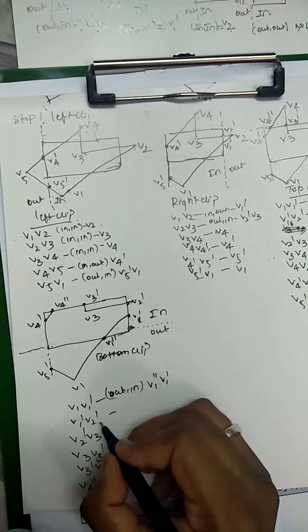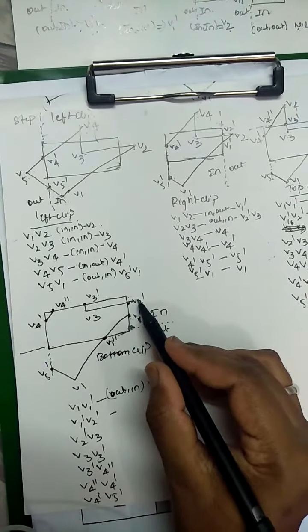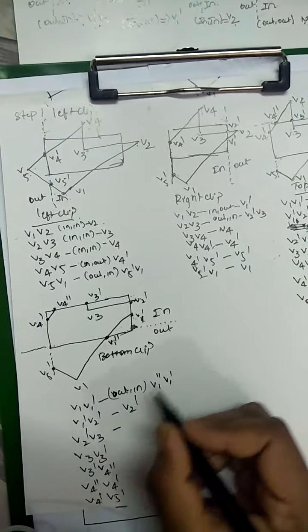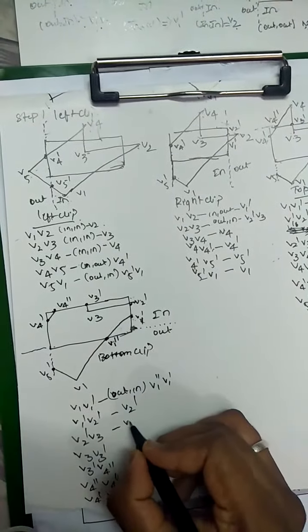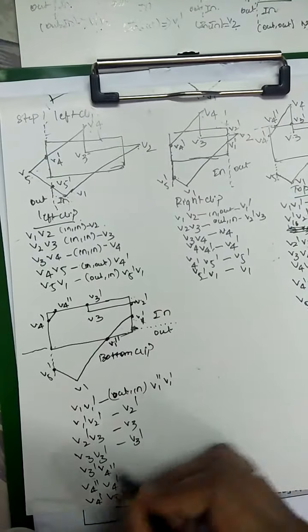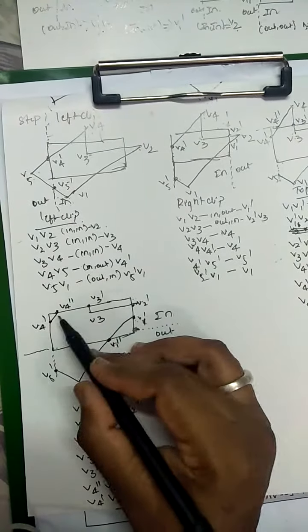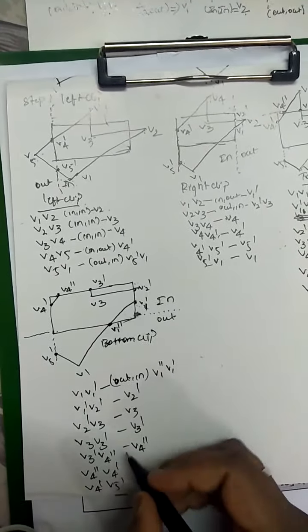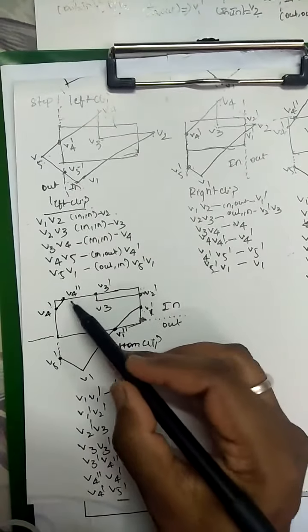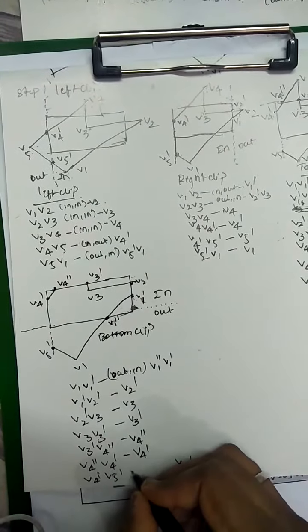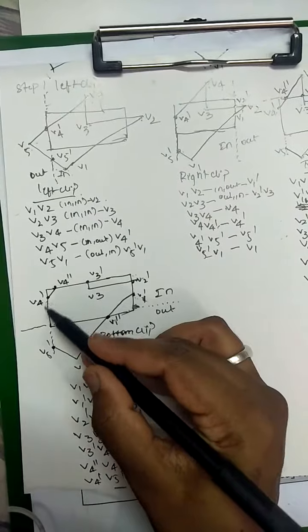So v1 dash, v2 dash, since it is falling in, I'll just take v2 dash. v2 dash, v3, so I'll take v3. v3, v3 dash, both are in, so I'll take v3 dash. v3 dash, v4 double dash, both are in, so I'll take v4 double dash. v4 double dash and v4 dash, it is lying in, so I'll take v4 dash. v4 dash and v5 dash.